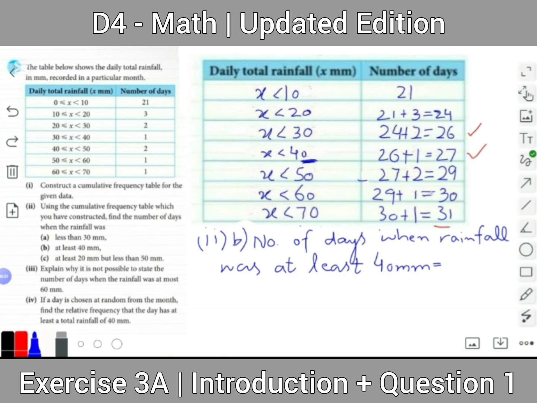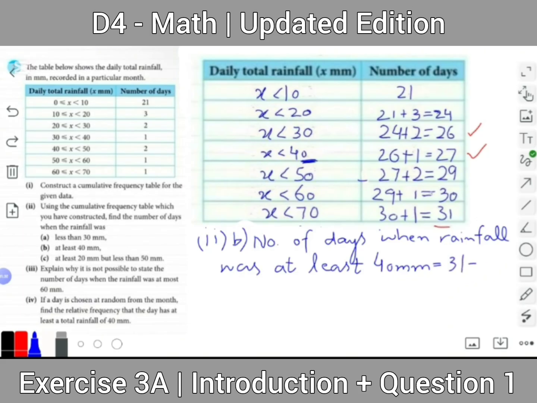We will subtract the number of days when the daily total rainfall was less than 40 from the total number of days, and that is 31.